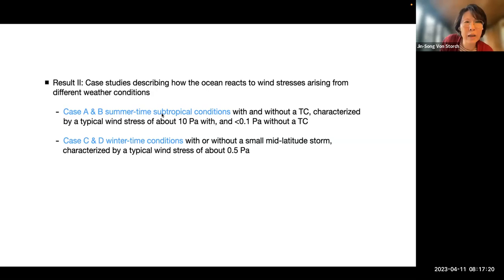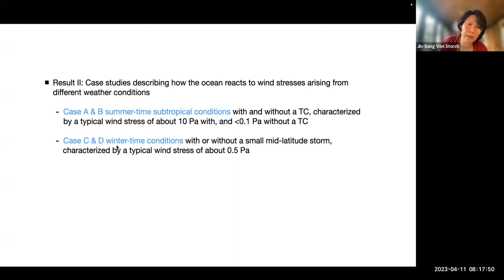So we'll have a situation first during the summertime in the subtropical region, where you have one case with a tropical cyclone and one case without. The big difference certainly is the magnitude of the wind stress. That can be about 10 Pascal when you have a tropical cyclone, and below 0.1 Pascal if you don't. So the situation is very different in these two cases.